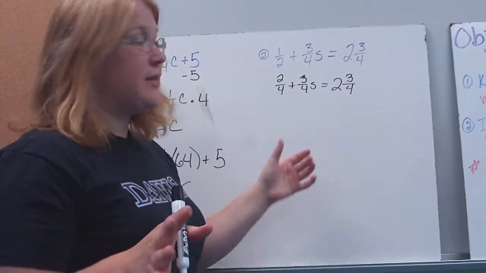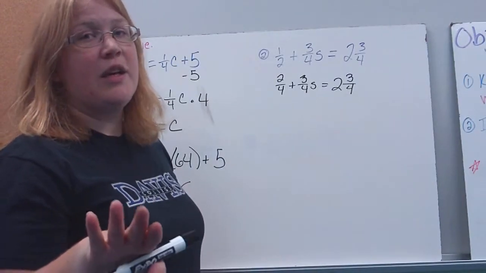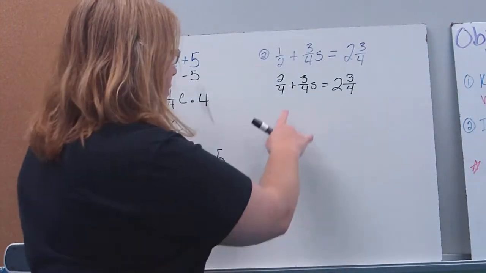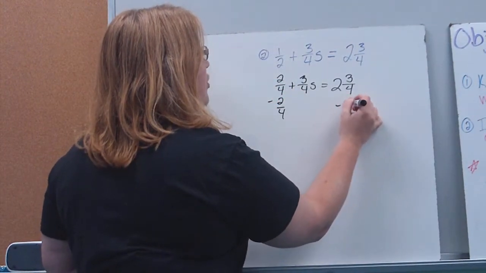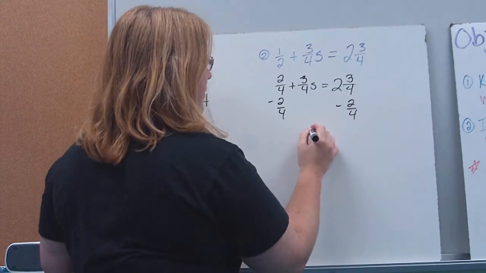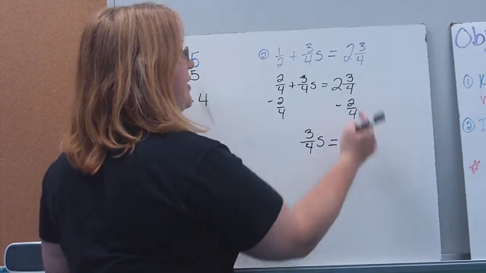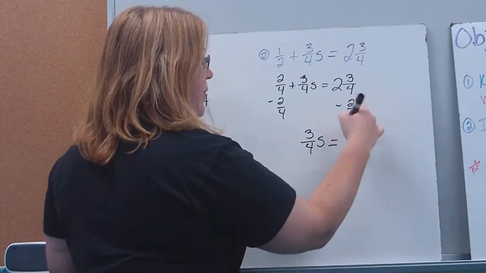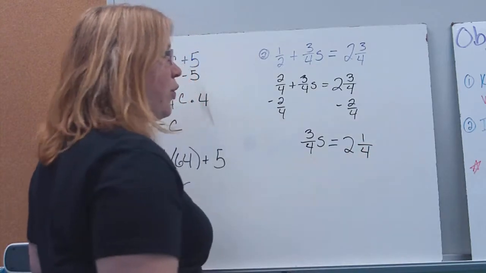They don't both have s's. We can't combine those. We need to undo it to solve the equation, all right? So don't fall into that trap. So I have addition. I'm going to undo it by subtracting 2/4 from both sides. Just make sure that it's staying balanced. 2 3/4 minus 2/4 leaves me with 2 and 1/4.